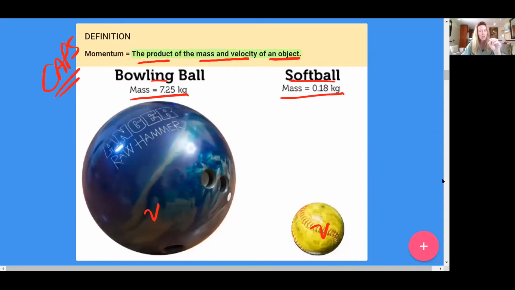That indication of how hard an object is to stop is its momentum. It is the product of both the mass and the velocity of an object multiplied together, and therefore this bowling ball has a much greater momentum, denoted by the symbol p, than the softball.